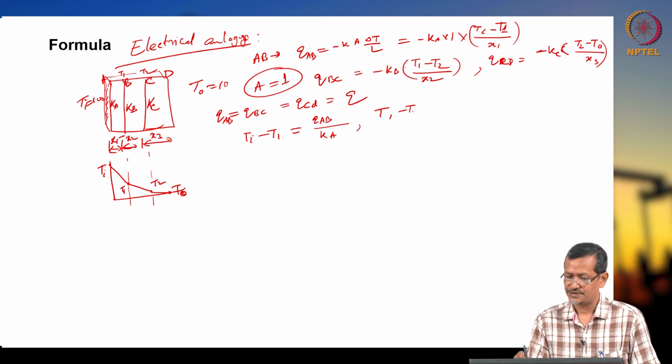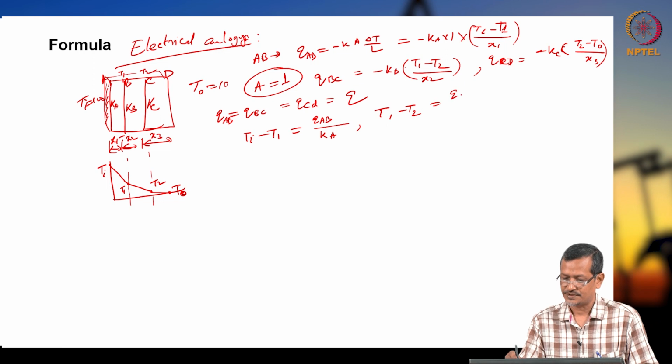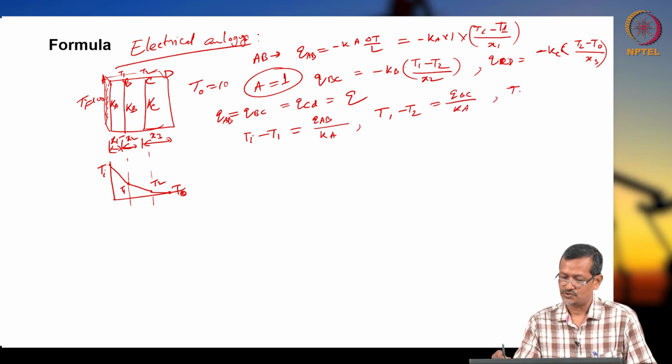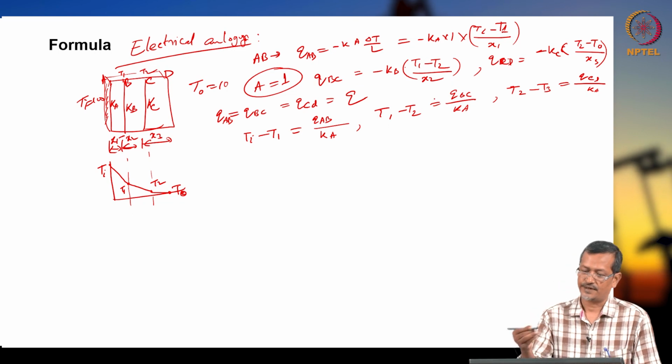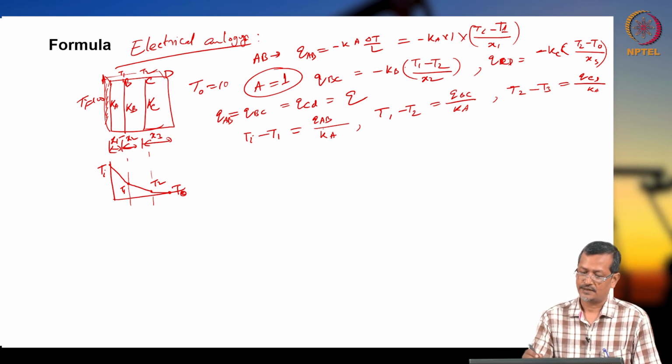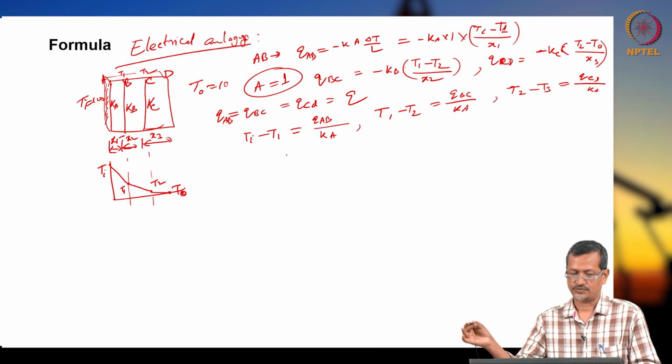T1 minus T2 equals Q times x2 by Kb, and T2 minus T3 equals Q times x3 by Kc. If I have a value of area A instead of 1, then I will have the area also.